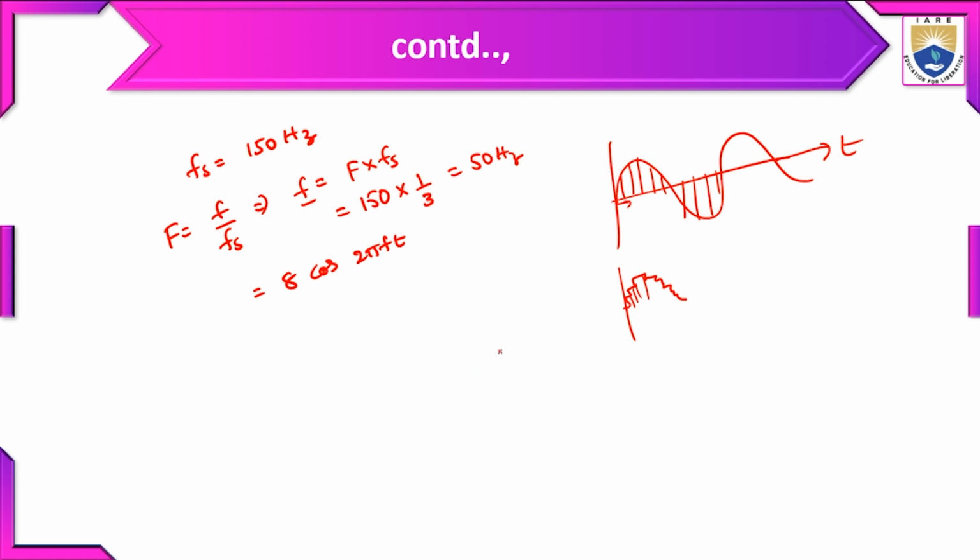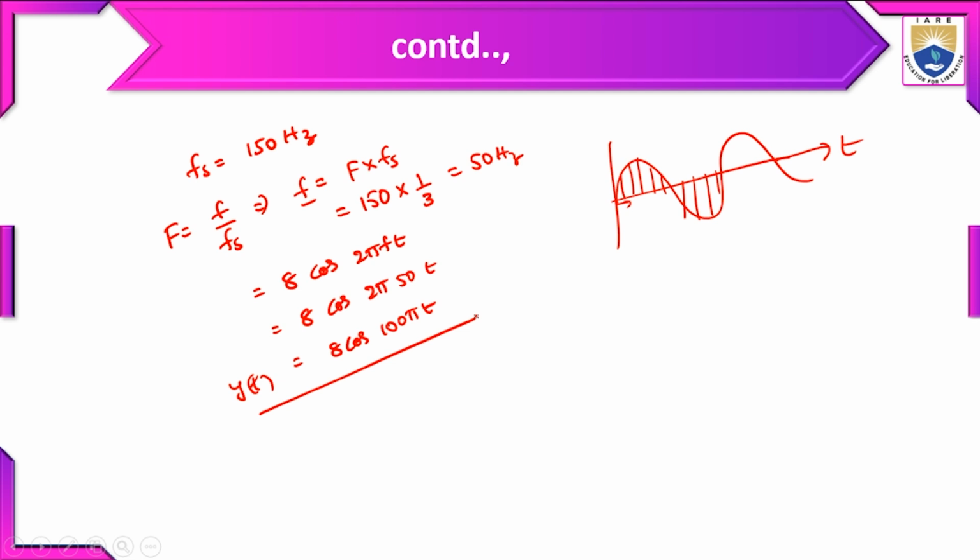If time is sampled, it is called sampling. So 8 cos 2 pi f, with f equal to 50, into t. Simply 8 cos 100 pi t. This is my continuous time signal. This is the continuation of the third problem.